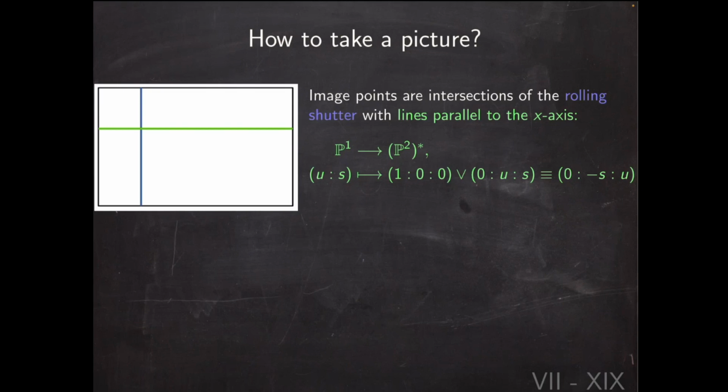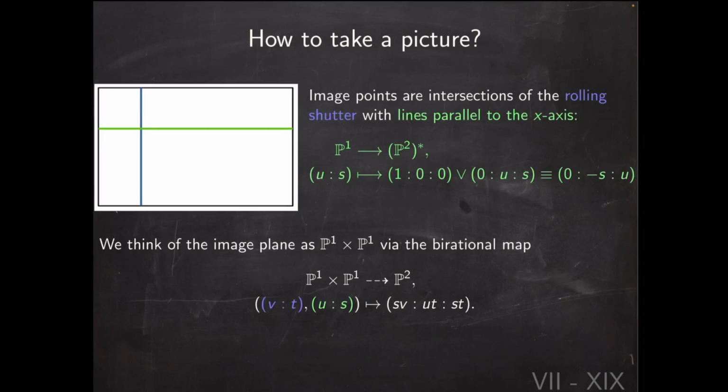Of course, if you think of points in pixel coordinates, you have an x coordinate and a y coordinate, and the rolling shutter is this blue line that over time rolls over the image plane from left to right or right to left. Then you could do the same thing with an orange line that moves from bottom up, parallel to the x-axis, and then every point is just an intersection of such a blue line and a green line.